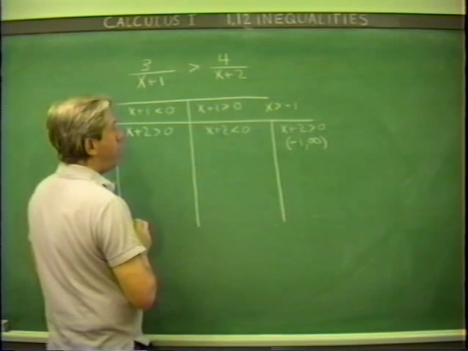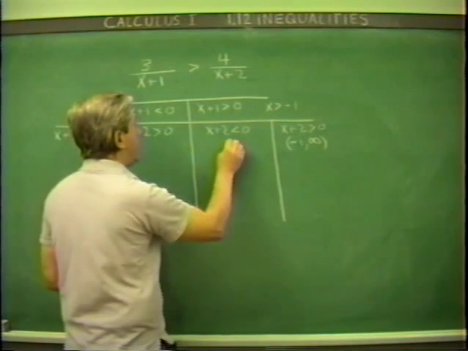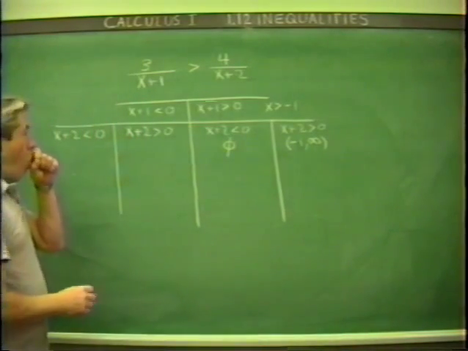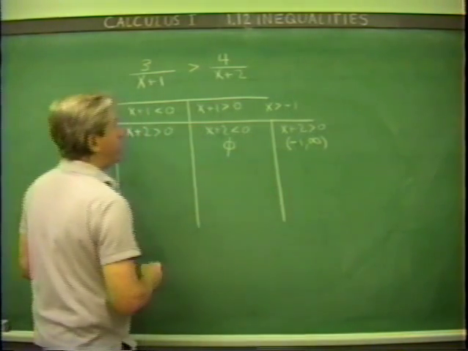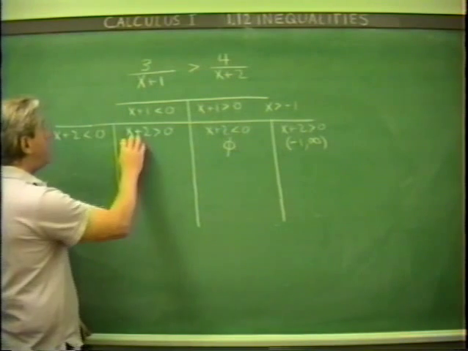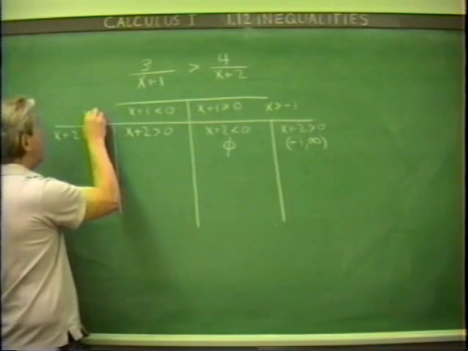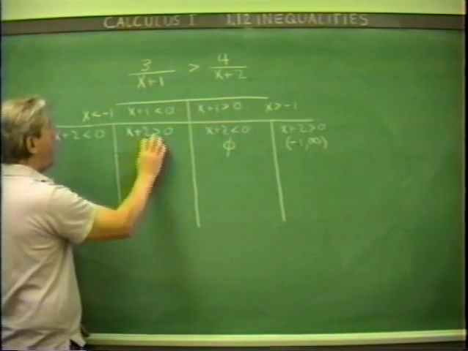Right? Here are these numbers, x is greater than minus 1 and less than minus 2. There are no numbers which are greater than minus 1 and less than minus 2, so there's nothing really in this case right here. That's to say, we don't need to consider it.